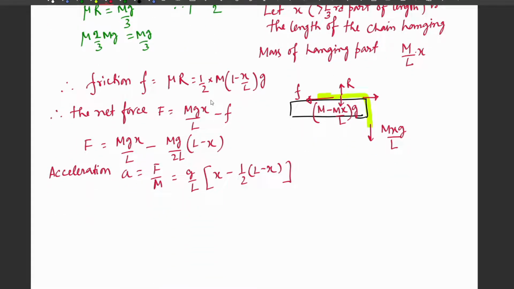Now we want to calculate the velocity of the end part of the chain when it is released. Then we can write that acceleration A is equal to dv dt. Here time is not required, therefore we can write dv dx into dx dt. Therefore acceleration is equal to dv dx into v, since d dt of x is v, the velocity.